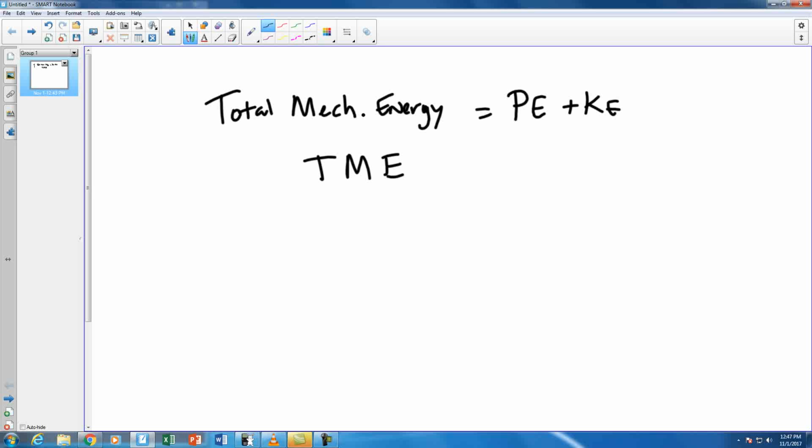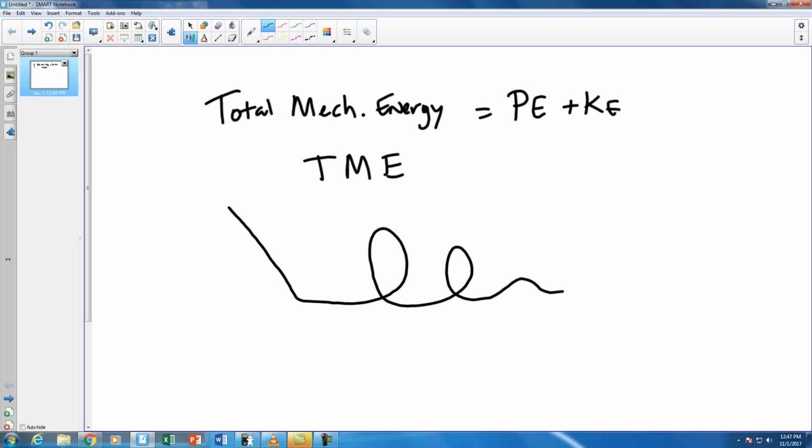So on page 15 of the packet, which should be, I think, the fourth page that you're looking at, there's a diagram that looks like this. Okay, and then there's several points on it.